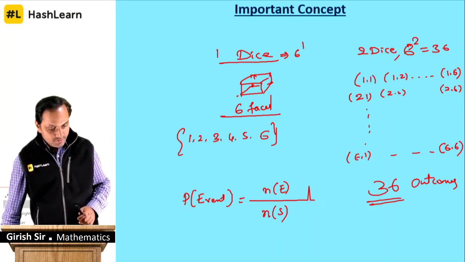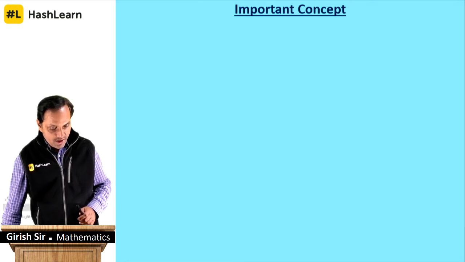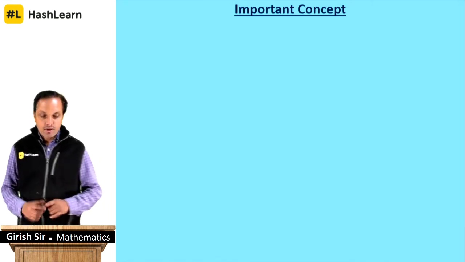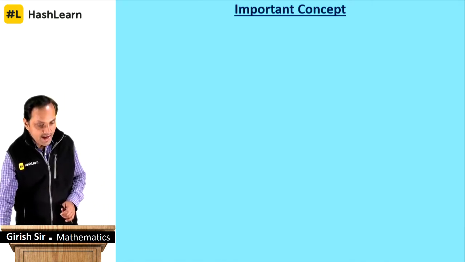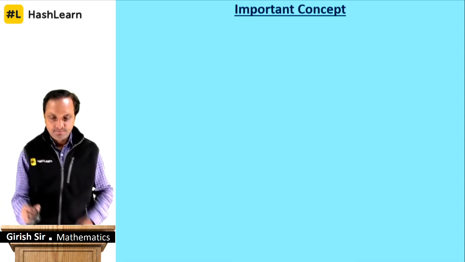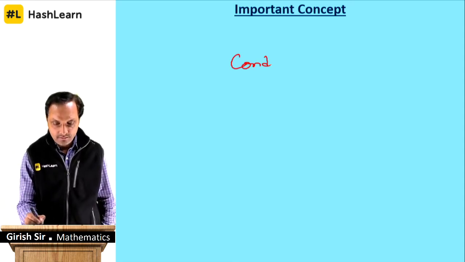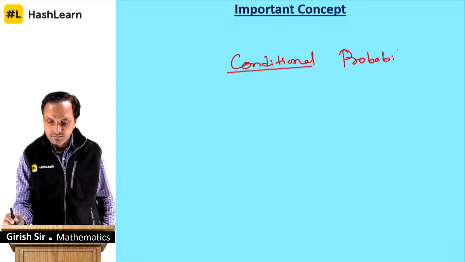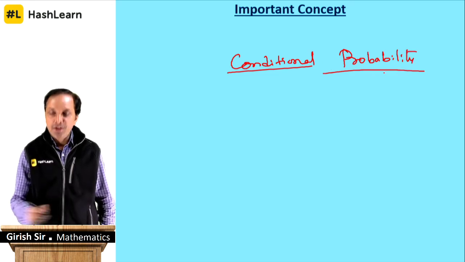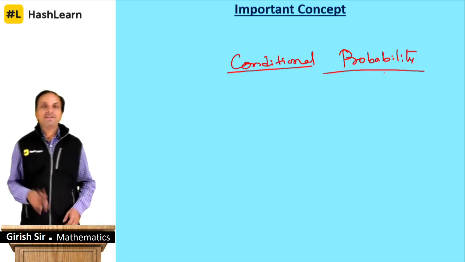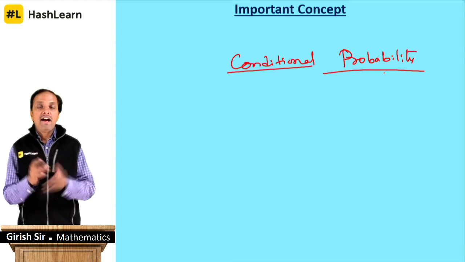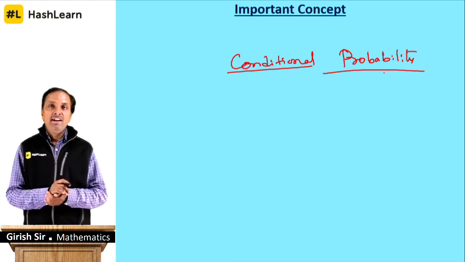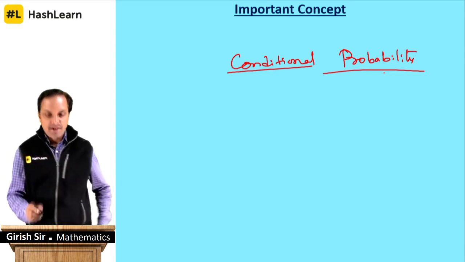Okay, fine. So with these basics, let me start a concept called conditional probability. Conditional probability is very simple. As the name says, the condition, they will ask you the probability of certain things with respect to some condition.